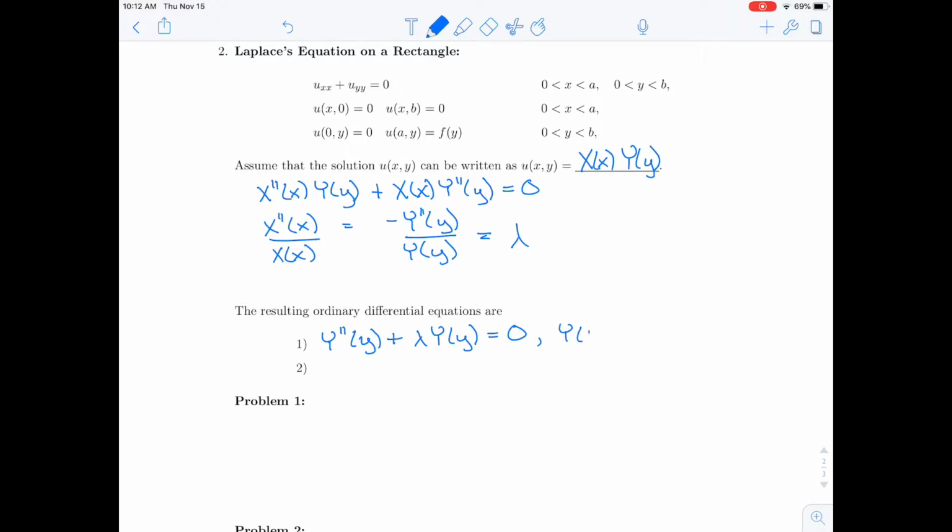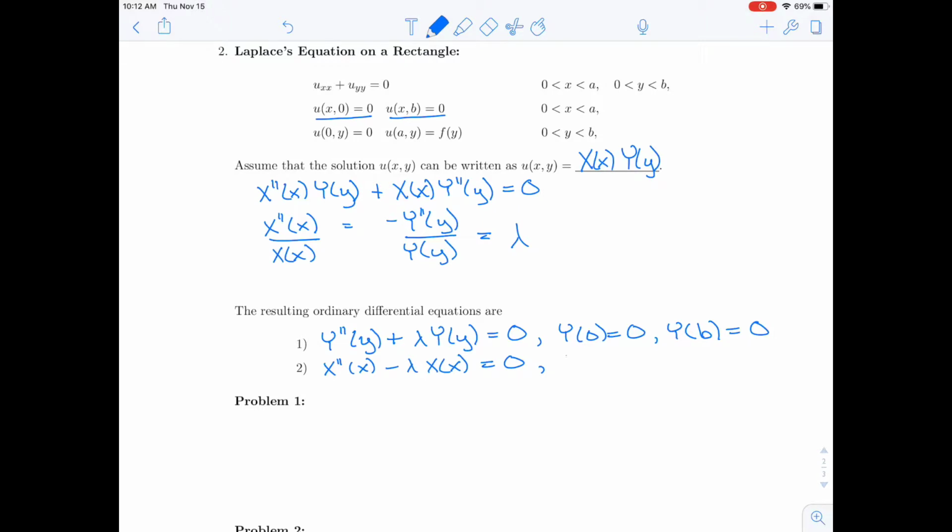On the boundaries, I'll have that y of 0 is equal to 0 and y of b is equal to 0. And those correspond to the boundary conditions that u of x, 0 is 0 and u of x, b is 0. I will also have x double prime of x minus lambda x of x is equal to 0.